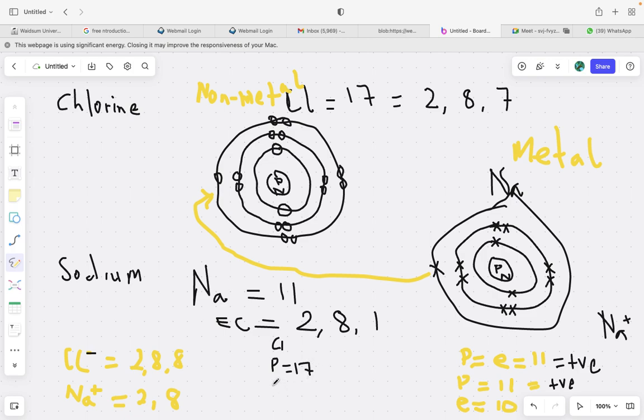Because it has gained one electron, the electrons will now be 18. So it's now more negative, and once you are more negative, we put a minus on top. So when you gain, you become negative. When you lose, you become positive.